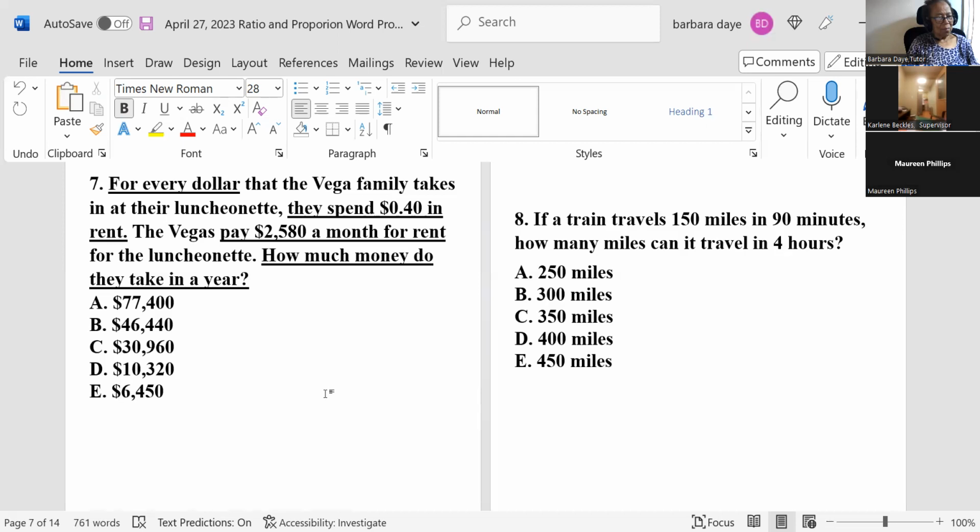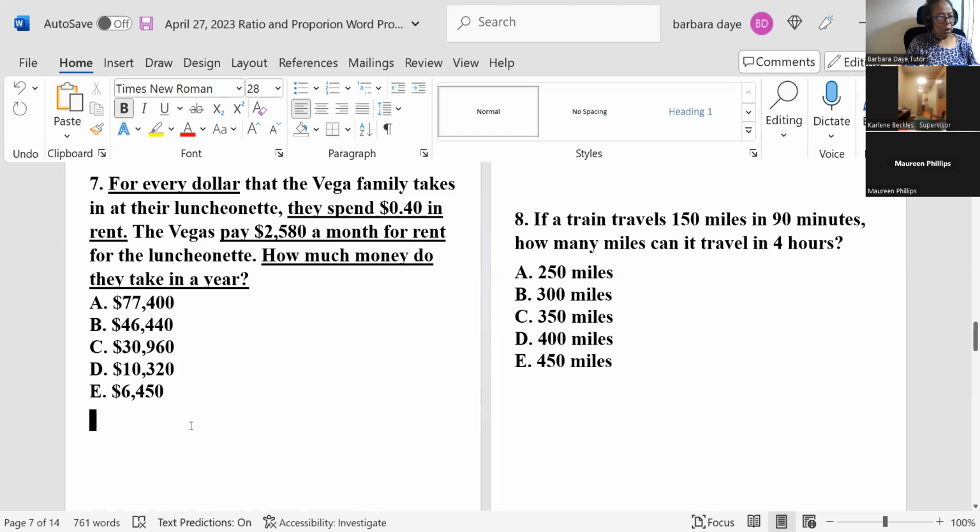No, you want to find, okay, you know that for every dollar that they take in, they spend 40 cents. But they pay 2,580 a month for rent.